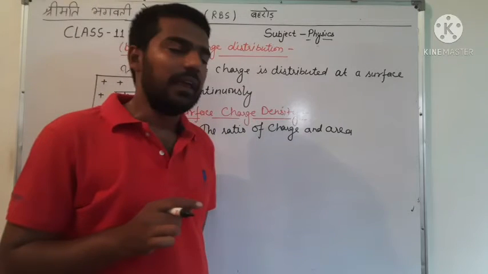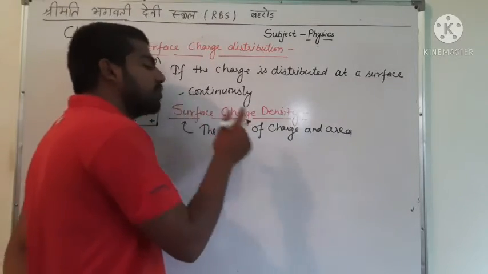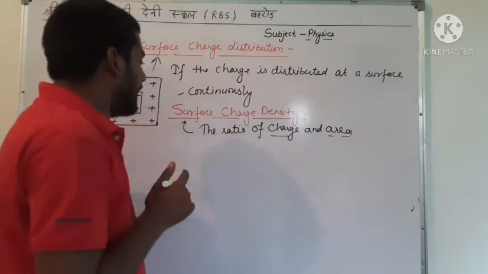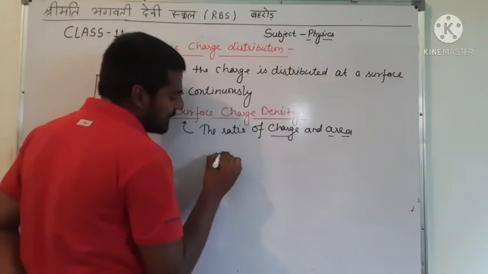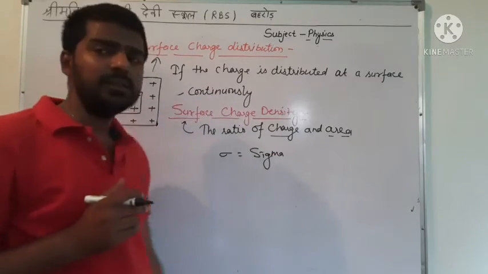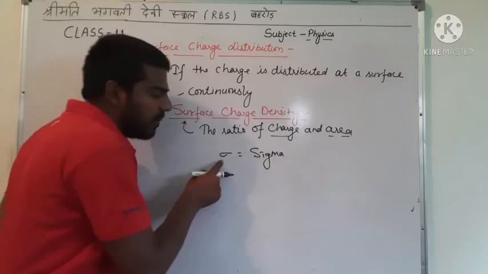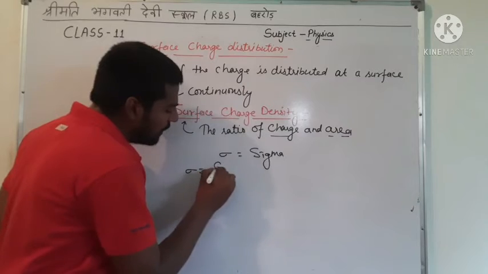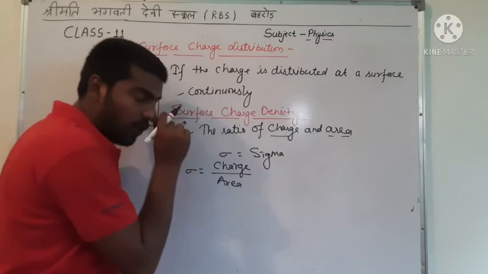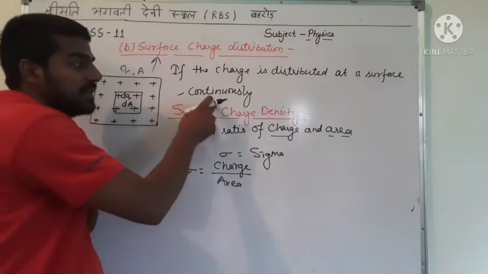It is represented by sigma, so sigma equal to charge upon area. The ratio of charge and area is called sigma, or surface charge density.